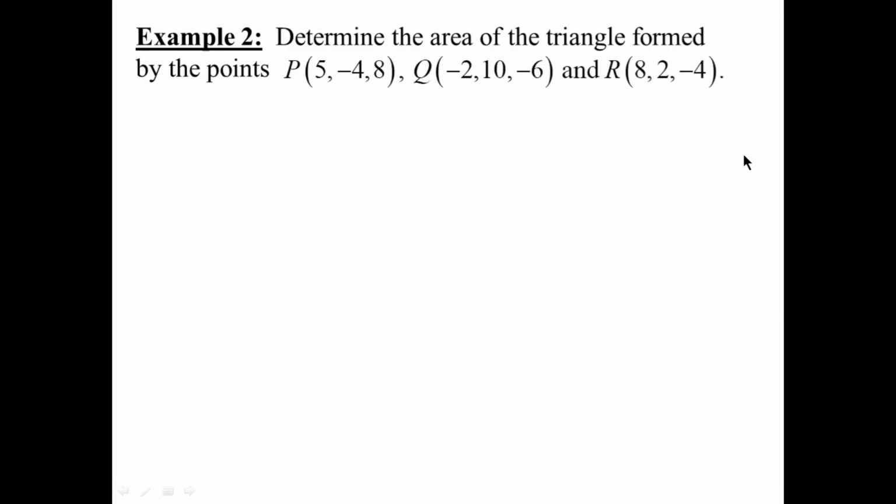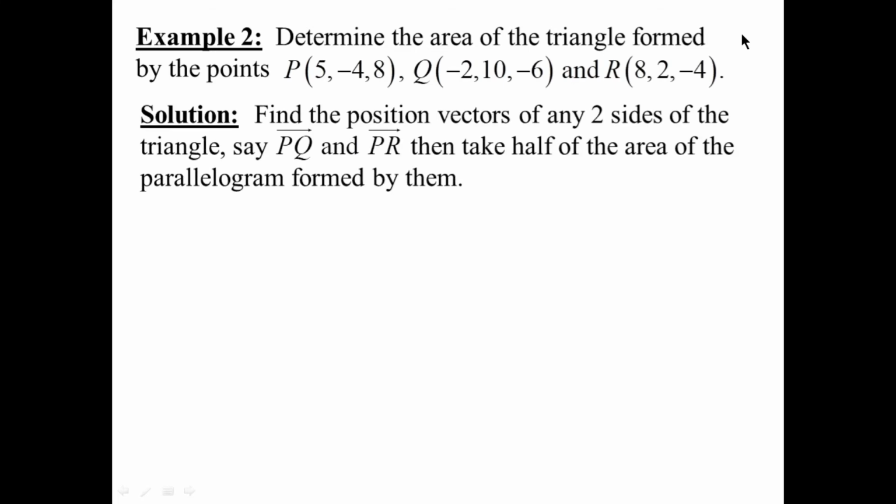Example, determine the area of the triangle formed in 3 space by 3 points in 3 space. So you can start to think celestially here, and we've got these 3 points hovering in the air somewhere with these coordinates, and they form a triangle when you join them. But it's in 3 space, so very difficult to draw, but we can still get the area of the triangle formed by those 3 points because we know that.